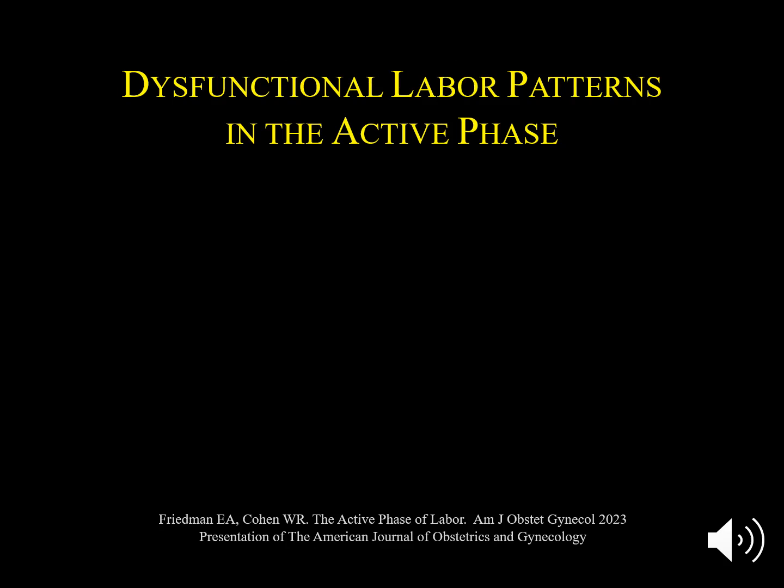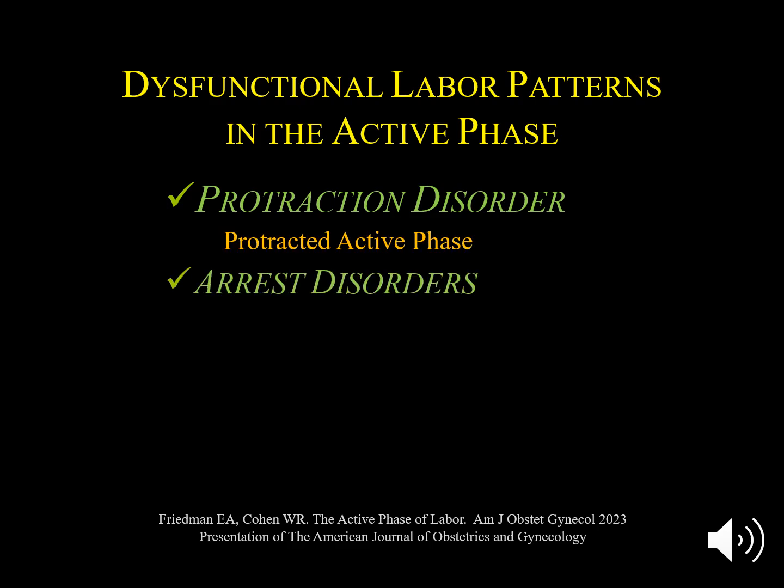The abnormal dilatation patterns diagnosable during the active phase include excessively slow dilatation, called a protracted active phase, in which there is steady progress in dilatation, but at a rate below the limit of normal. An arrest of dilatation is diagnosed when, once the active phase has begun, progress in dilatation ceases for 2 hours.